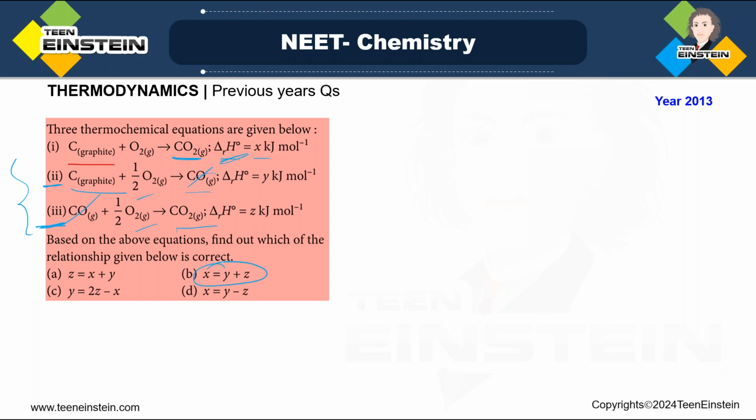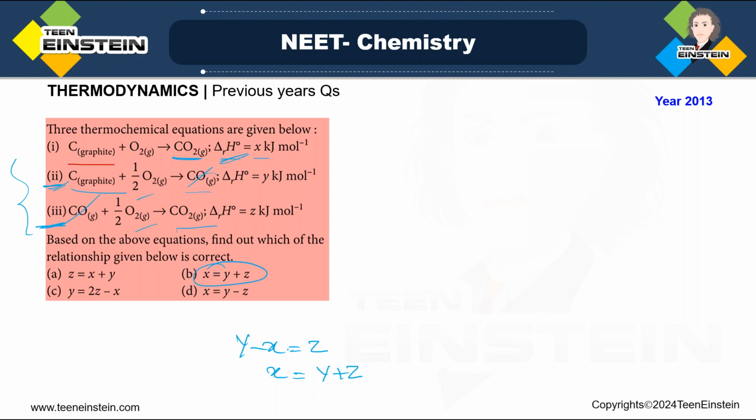Another way you can say it is that when I subtract 2 from 1, then also you can get equation 3. Subtracting 2 from 1 means it is x minus y equal to z, which is another way of writing x equal to y plus z.